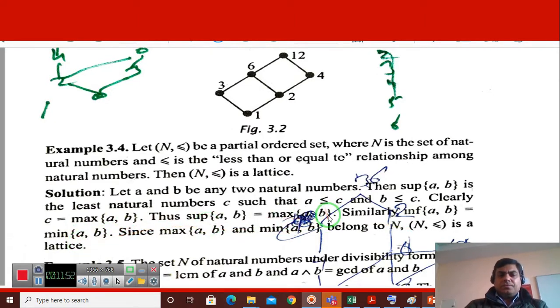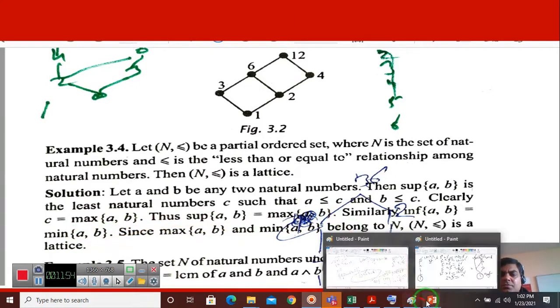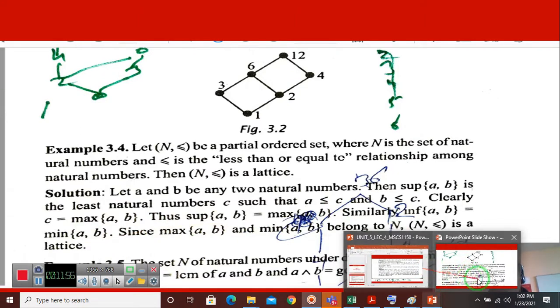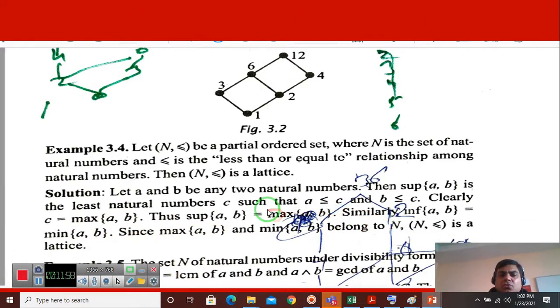Okay, we can choose any two numbers, and after comparison we can find the minimum or the maximum, and it lies in the natural numbers too. If we compare 2 and 3, 3 is the highest and 2 is the lowest, so 2 is the minimum and 3 is the maximum.